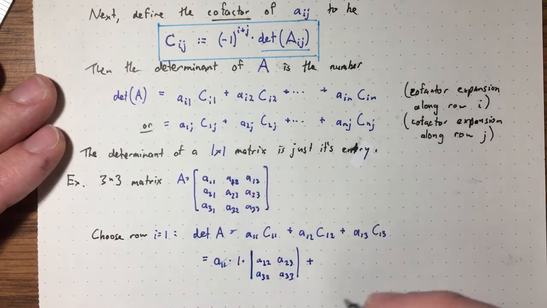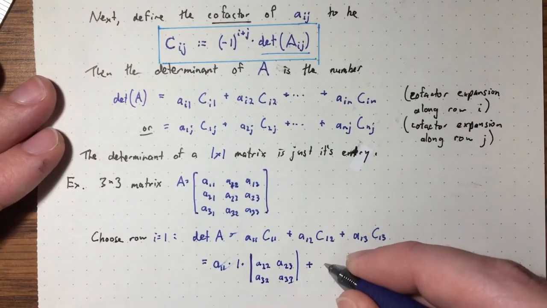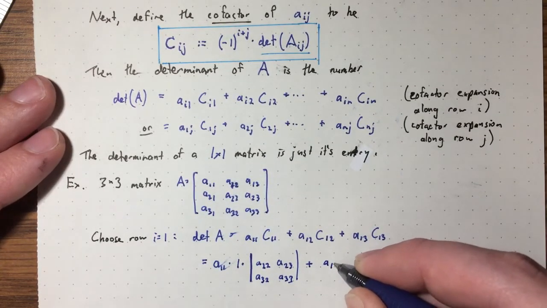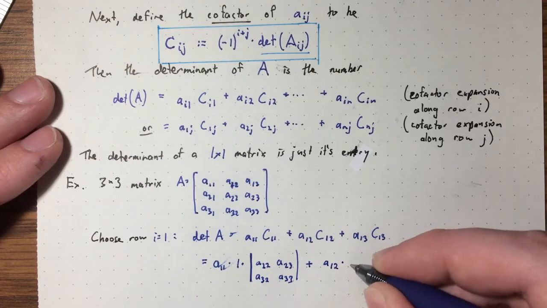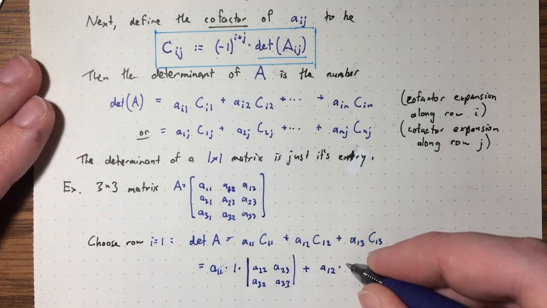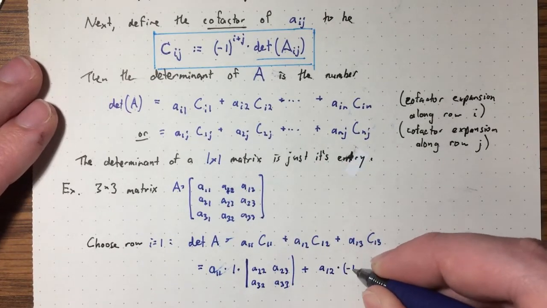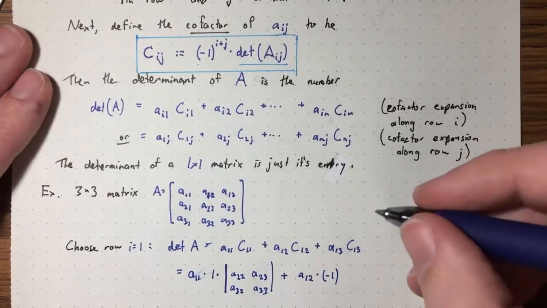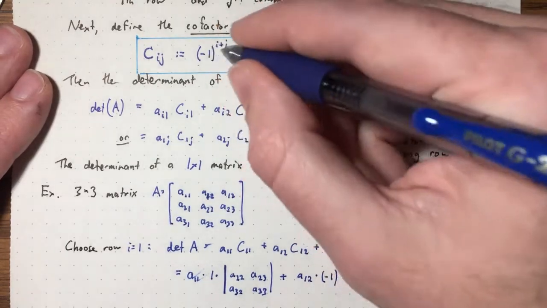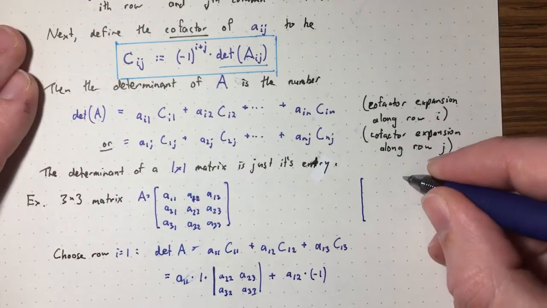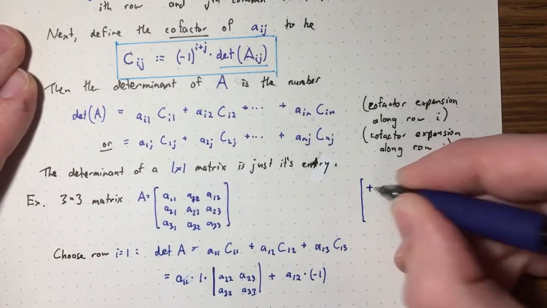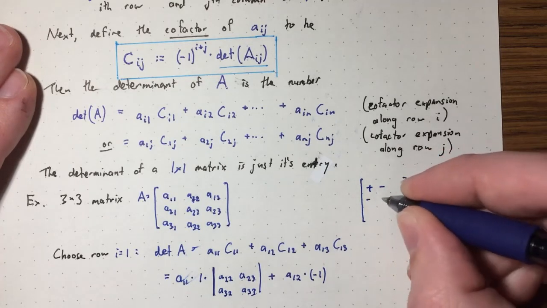Plus, now I go across the row. So that's what I'm deciding to do. So A12 times this part. Don't forget the minus 1 to the power of 3 in this case, which is minus 1. What's going on with that negative? If you don't like this (-1) to the i plus j, just think this way. You start with a plus up there, and then it's a checkerboard pattern.